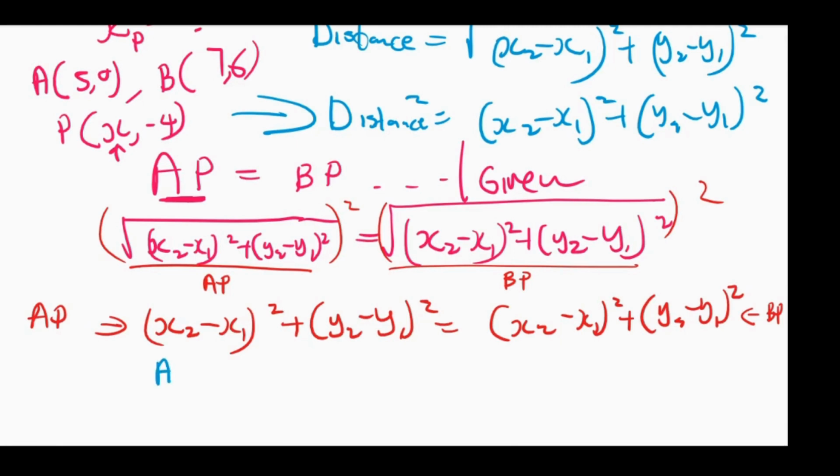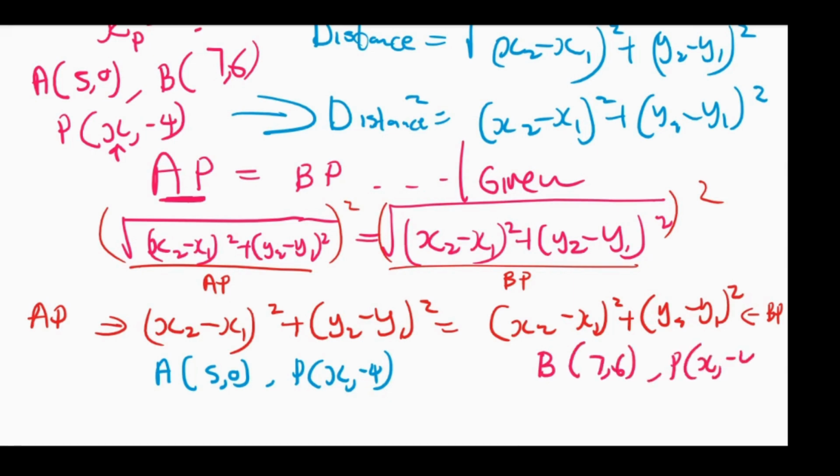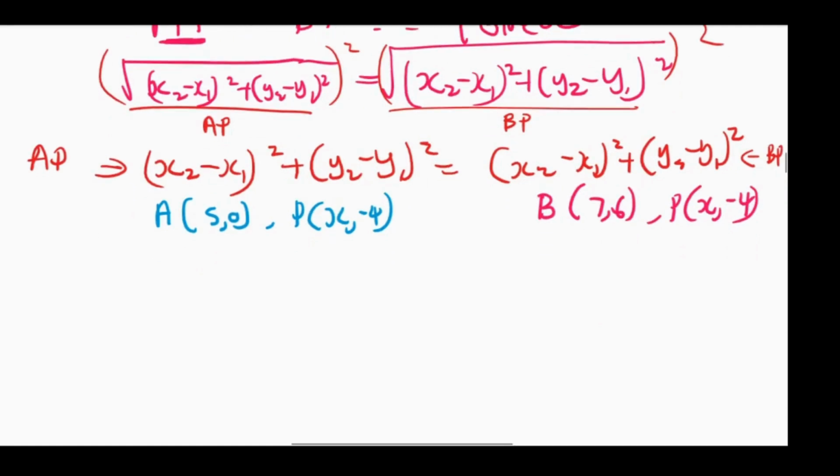We know A is given as 5 and 0 and P is given as x and minus 4, right? And this side, for BP, we know B is equal to 7 and 6 and P is x and minus 4. So you're going to substitute these values in these distance equations, right?